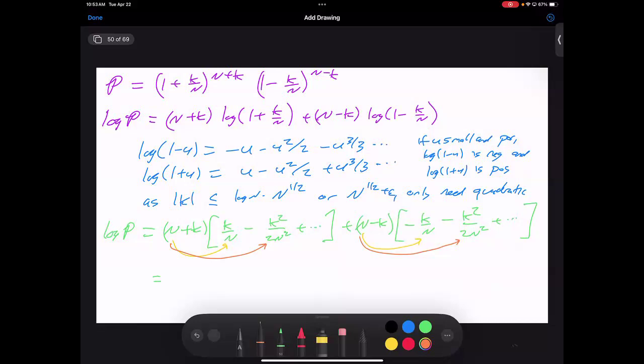And so now we're going to get minus k squared over n squared, because we have two of them, times an n, so it just becomes minus k squared over n. And if you think about it, if k is roughly of size square root of n, this is something that could contribute. And now that handles all of the n terms. Now we have to handle the k terms.